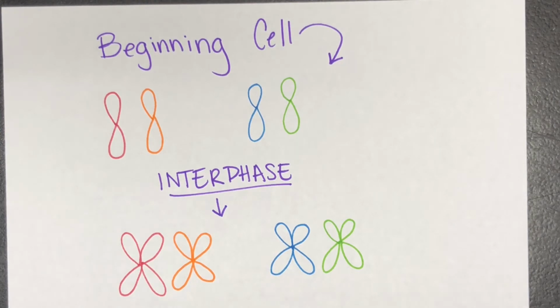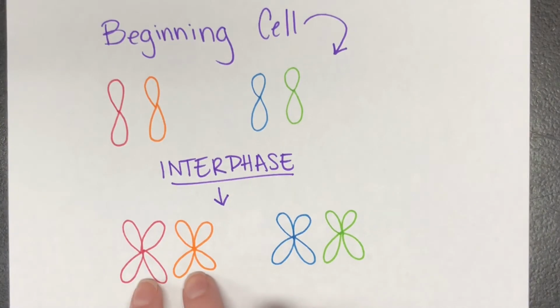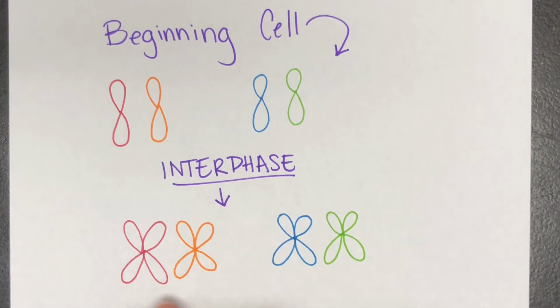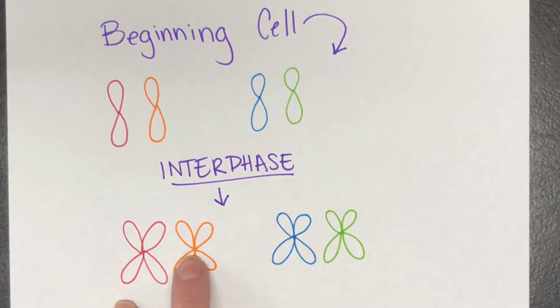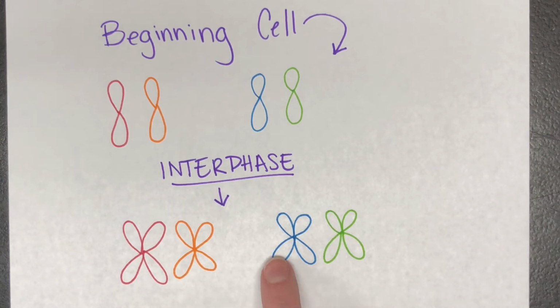So we began with 4 chromosomes. After interphase, we have 8 chromatids. Still 4 chromosomes because they're connected right there at the centromere, but 8 chromatids. 1, 2, 3, 4, 5, 6, 7, 8.